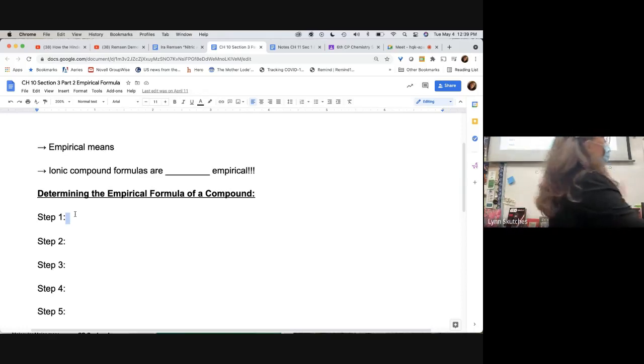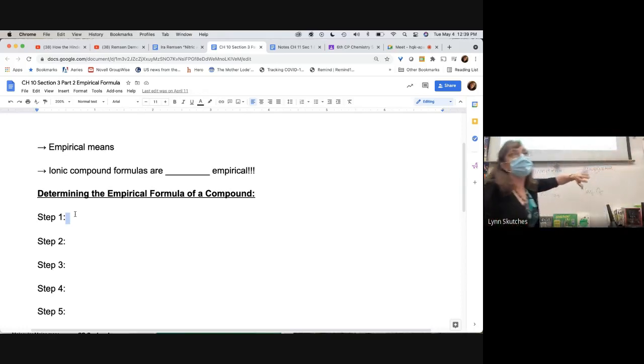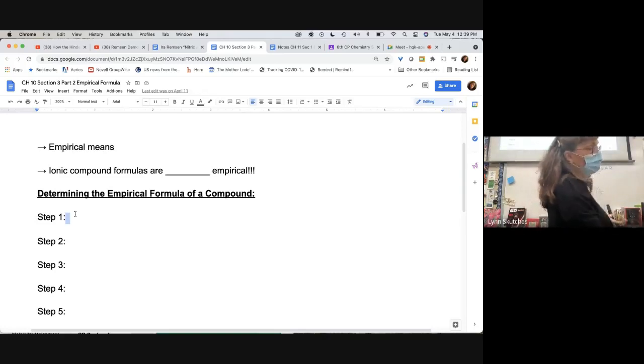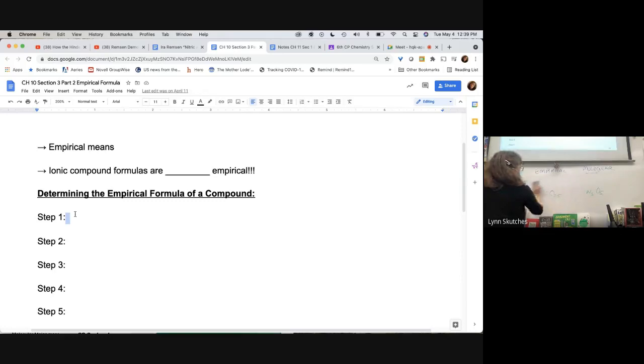And so you have to have each of the elements listed out, whatever their mass is, divide by the molar mass to get moles. That may not come out to be whole numbers. So, well, it won't come out to be whole numbers. So Bethany, what's the next thing we're going to do? Divide the number of moles by each element by the smallest number of moles. Find the smallest one, divide it into everybody. So at least one of the elements is going to come out with a subscript of 1 or a proportion of 1.